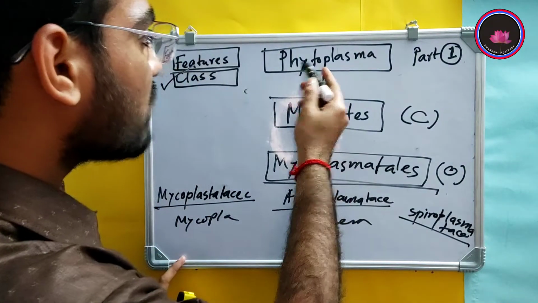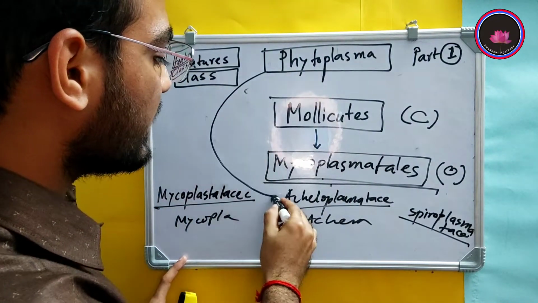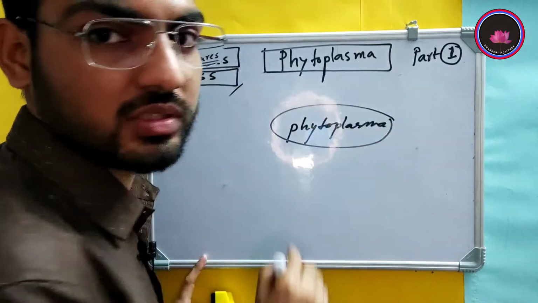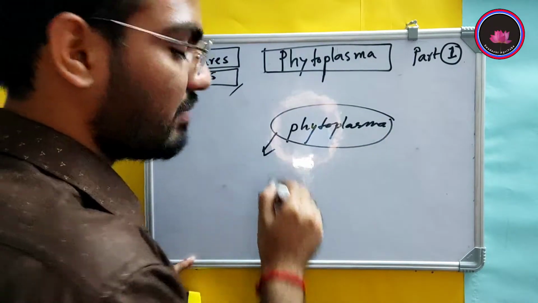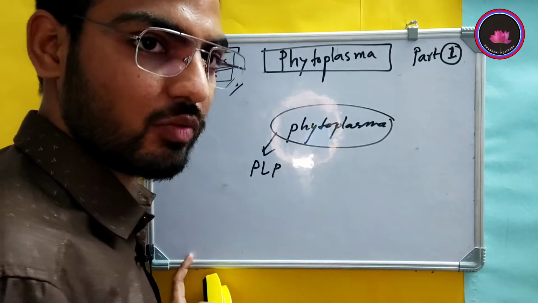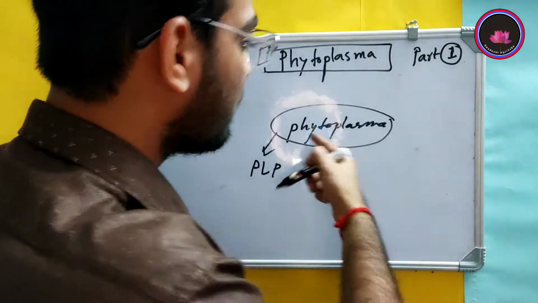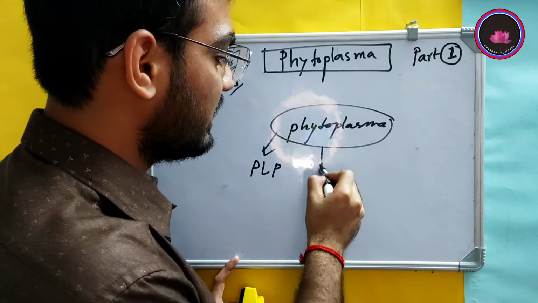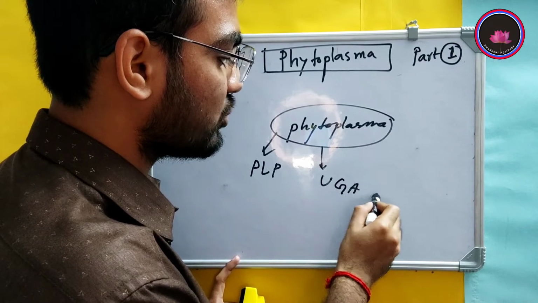But the phytoplasma is closely related with the acholeplasma. They have no cell wall, and they have the triple layer of protein, lipid, protein. This is the same as the mycoplasma, but what is different from the other Mollicutes is that phytoplasma use UGA as the stop codon.